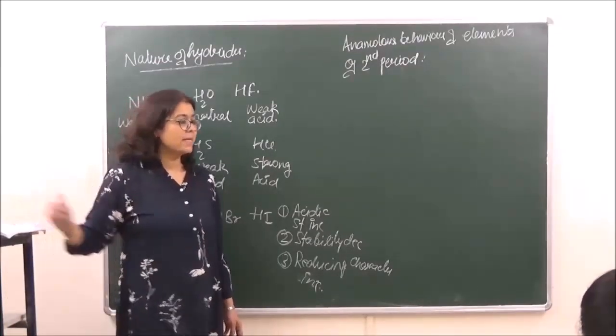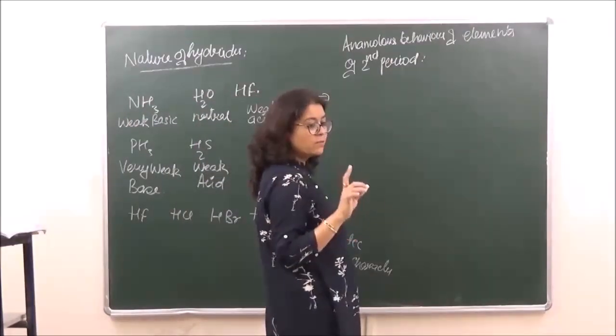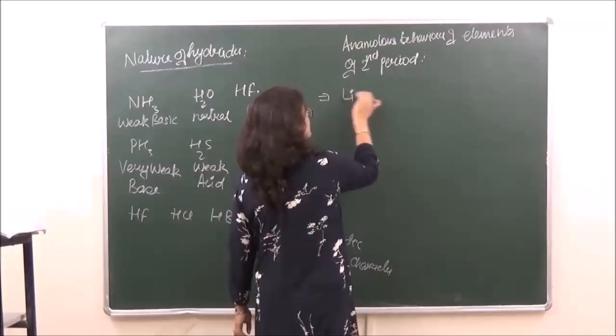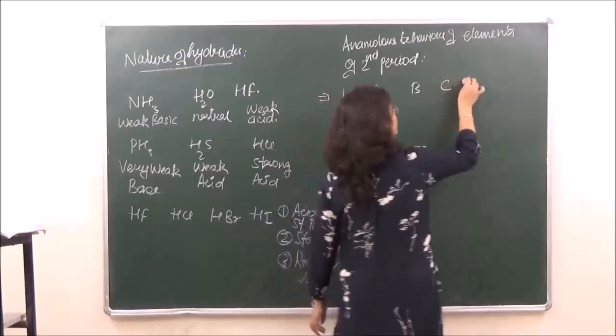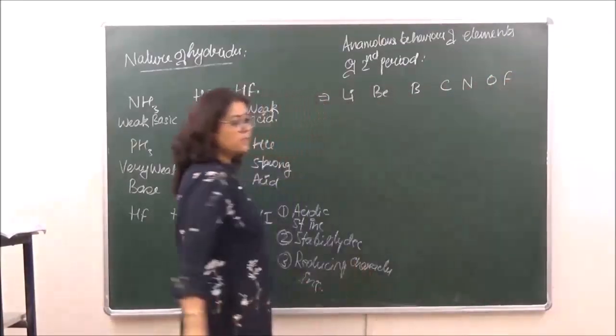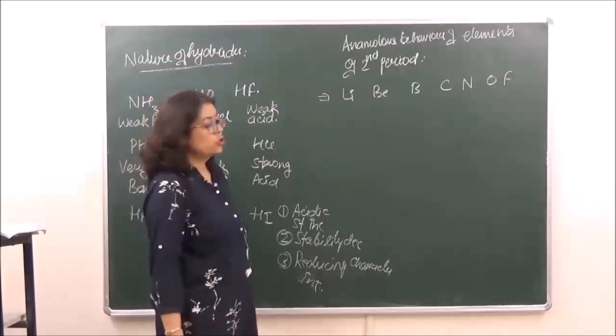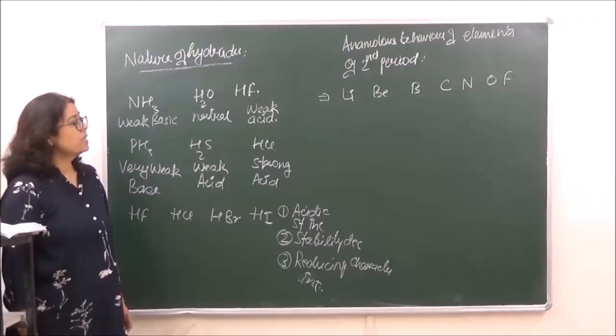The elements of the second period are going to be lithium, beryllium, boron, carbon, nitrogen, oxygen and fluorine. These are the elements of the second period, and of course the noble gas also. But over here we are only restricting ourselves to fluorine.